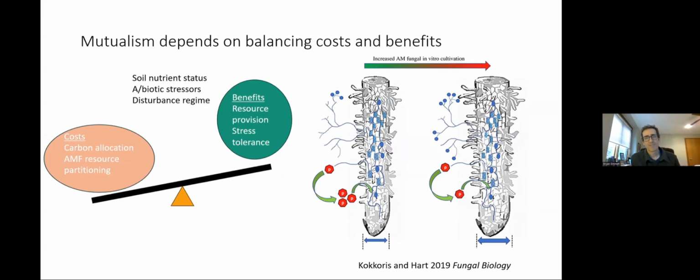And Miranda Hart's group thought about this and asked the question: if we're culturing these organisms, either in the lab or for production of inoculum, and here I do mean in a co-culture system with the plant, how is that selective pressure changing the fungal phenotype? And what they found was that it can have some of the same effects.